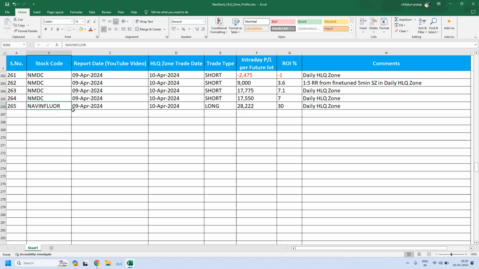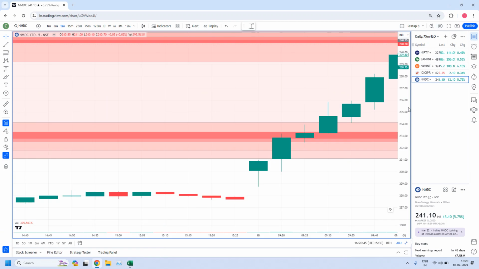But see, in Navin Fluorine, the cost of the future is only 94,000 rupees. But this is 2.5 lakhs. So from the 2.5 lakhs margin cost we calculated, we got 2,475 rupees loss and only 1%. So we have to accept.